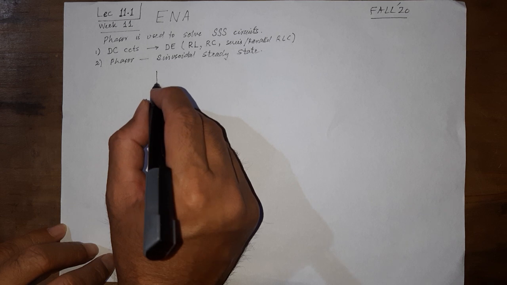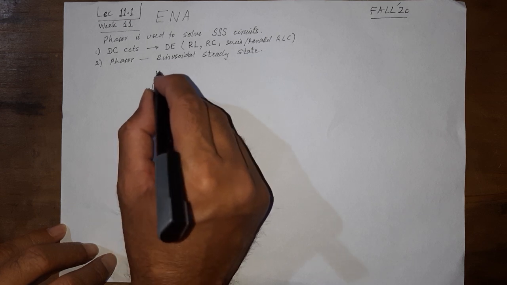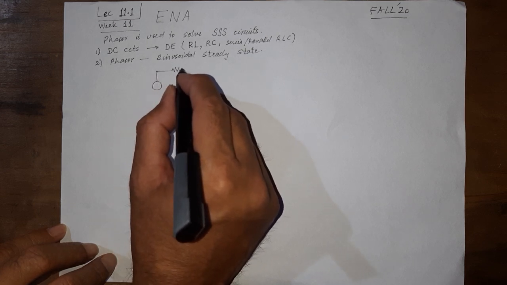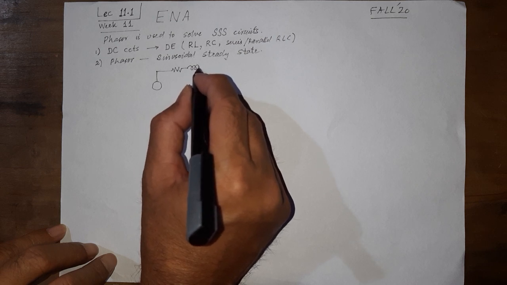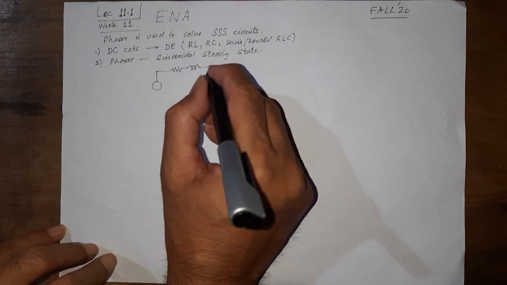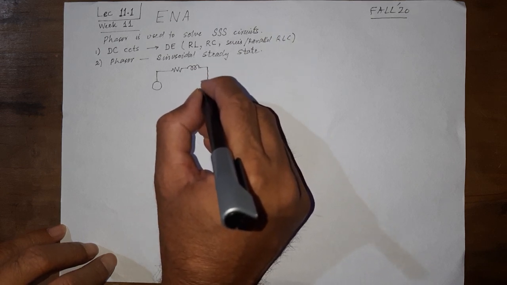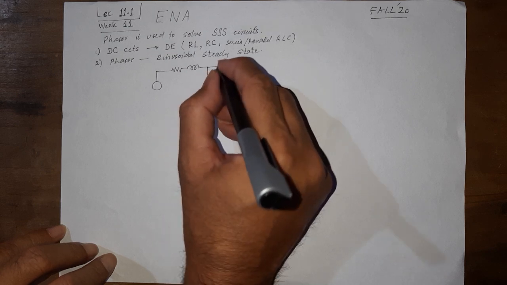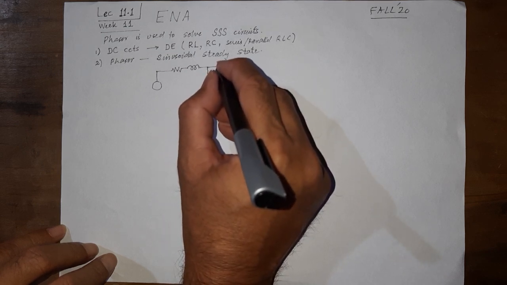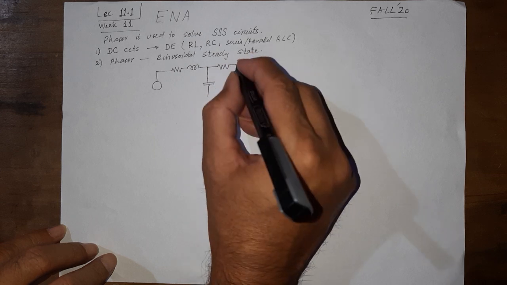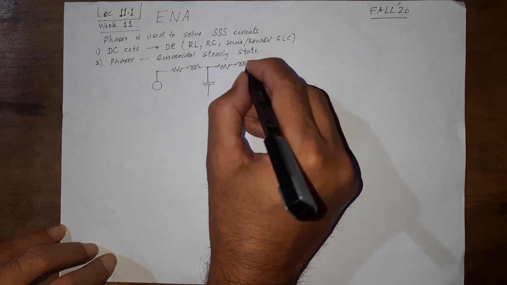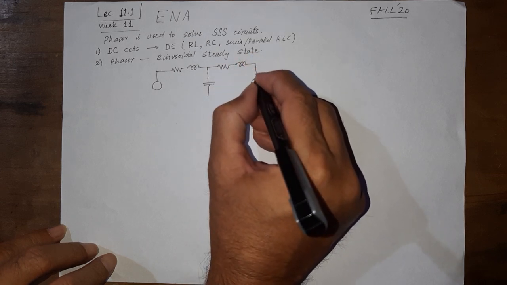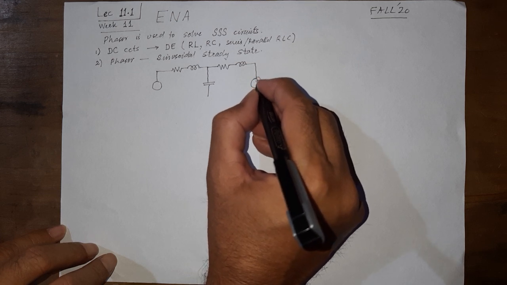For example, say we have a voltage source here, a resistor and an inductor here, and a capacitor here, with maybe another resistor here, with an inductor here, and another voltage source here.